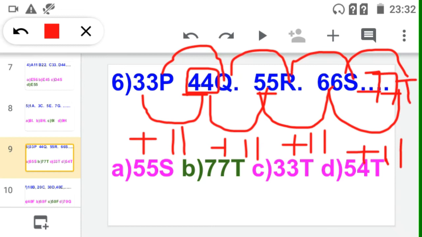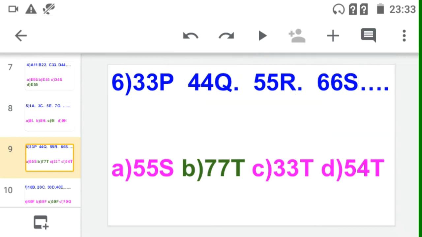P, Q, R, S, T. So in the first term there is a P, Q is in the second, R is in the third, S is in the fourth. So after S, T should be there in the fifth term. So now see what the answer is. 77T. So where is 77T in the options? That is the B option. So the B option is correct.